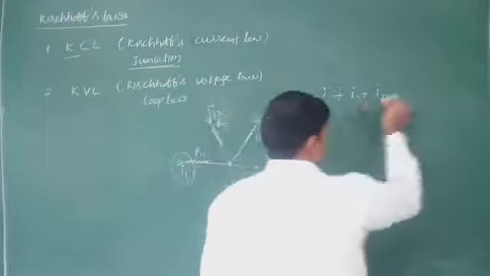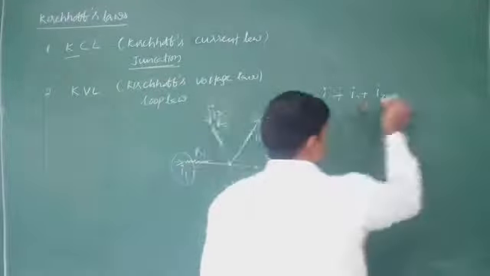If Ig is equal to 0, then the bridge is said to be balanced.